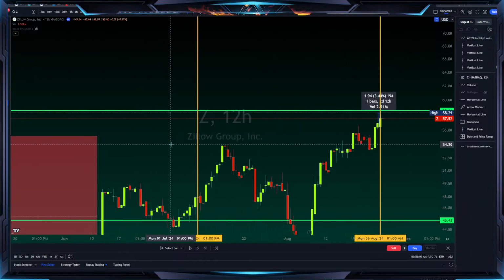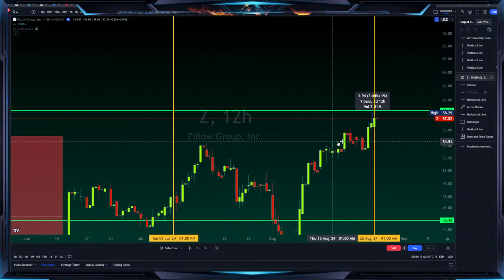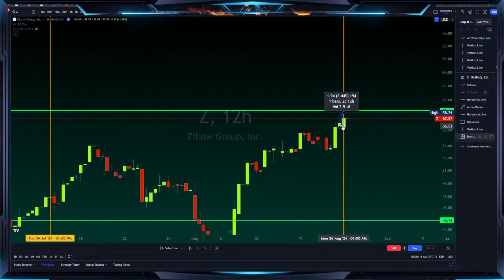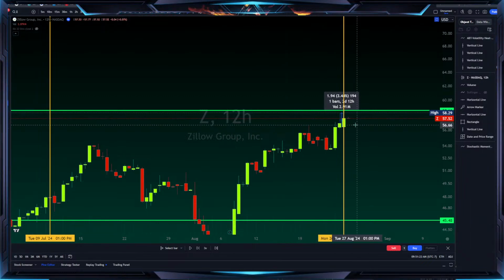You have to wait for it, right? Your local resistance right here is finally being broken. So you're waiting for the entry, right? So you're going to wait for the break of that zone, and let's see if we can have price action pullback at a certain area. I'm not sure if it's going to happen. Remember, I don't know. I'm looking for it like in the future here with you.